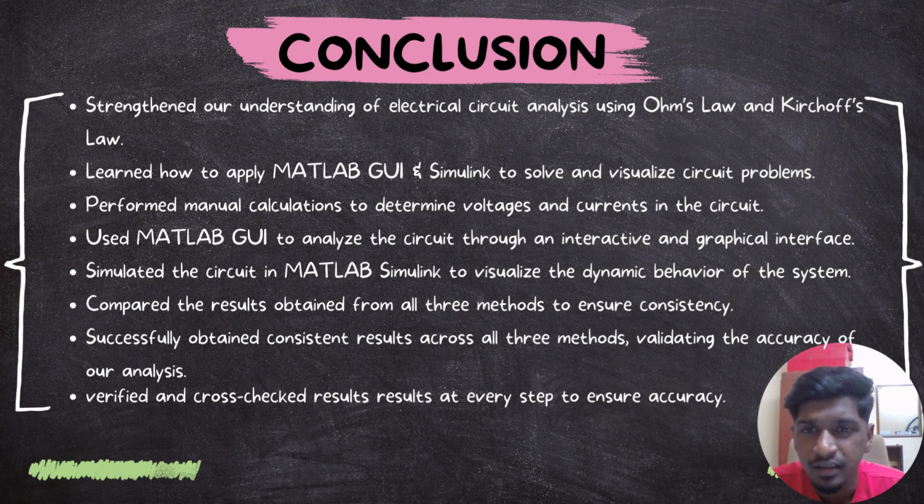Simulate the circuit in MATLAB Simulink to visualize the dynamic behavior of the system. Compare the results obtained from all three methods to ensure consistency. Successfully obtained consistent results across all three methods, validating the accuracy of our analysis.